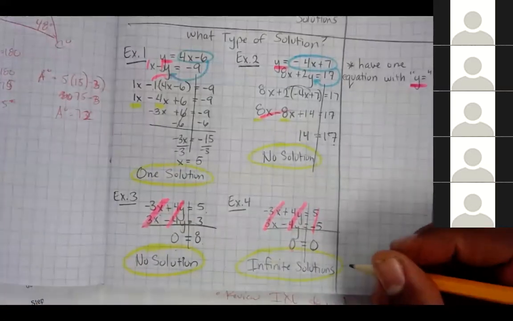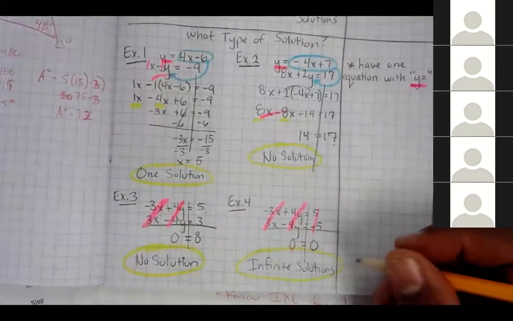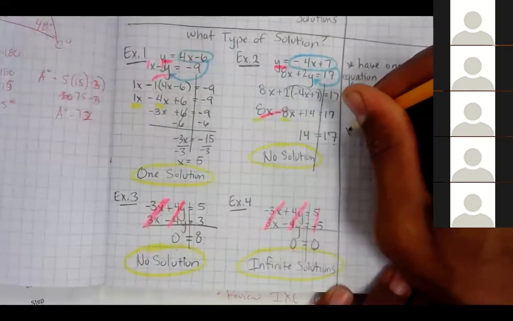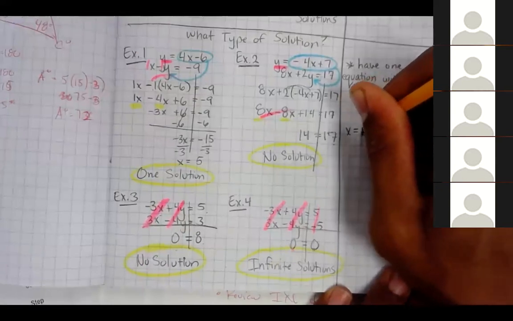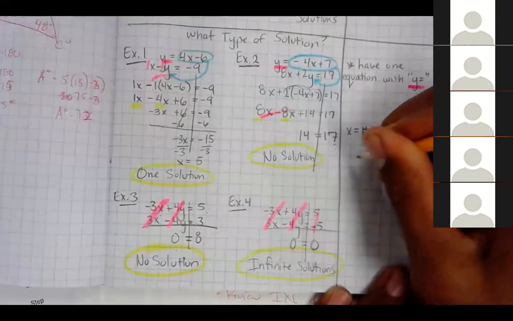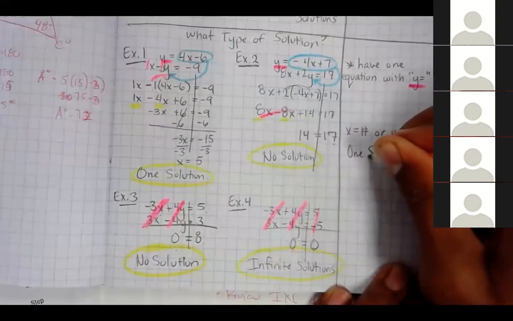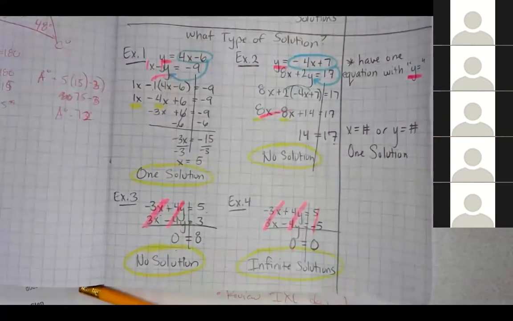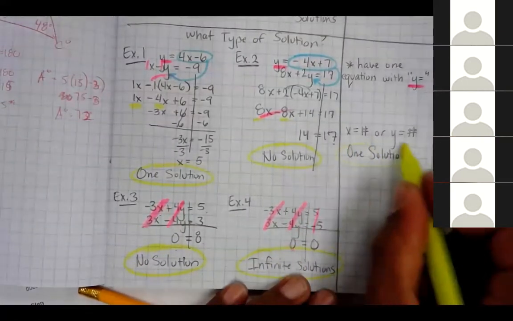All right, so if we have x equals a number or y equals a number, we've got one solution. As you're solving it, as long as you get x equals something or y equals something, we got one solution.